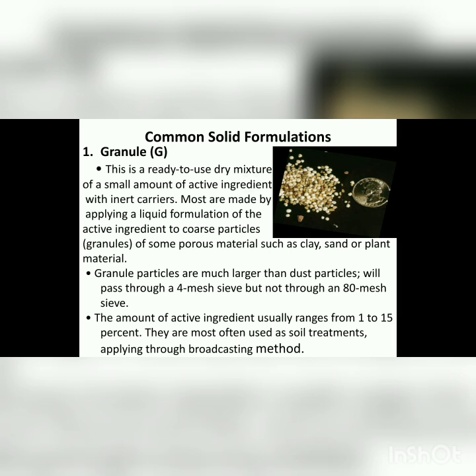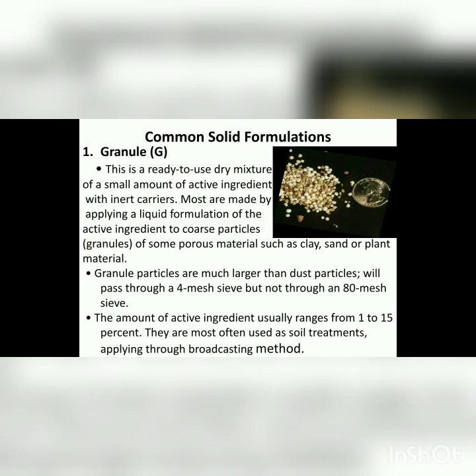Then common solid formulations. First one, granule. This is a ready to use dry mixture of a small amount of active ingredient with inert carriers. Most are made by applying a liquid formulation of the active ingredient to coarse particles of some porous material such as clay, sand or plant material.